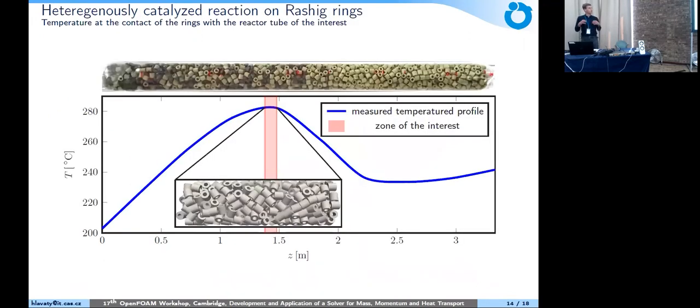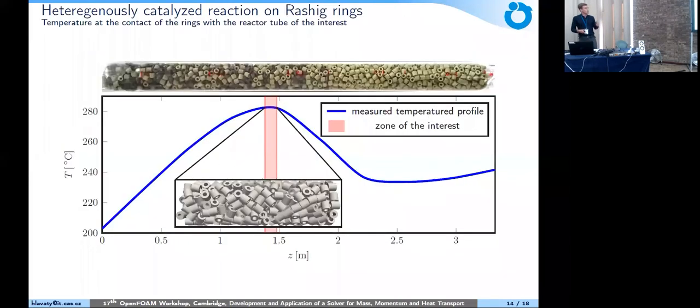We are working with an industrial company that owns such reactors, and they have some problems with processes. They are very curious about the local temperature on the contact of the Raschig rings with the tube of the reactor, and they tried to calculate it using some empirical correlations, but it was not sufficient because local flow properties are not included.